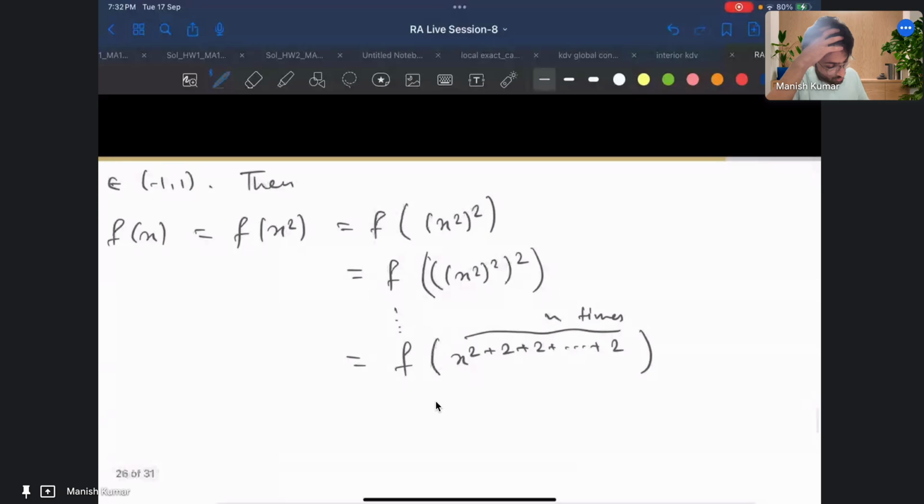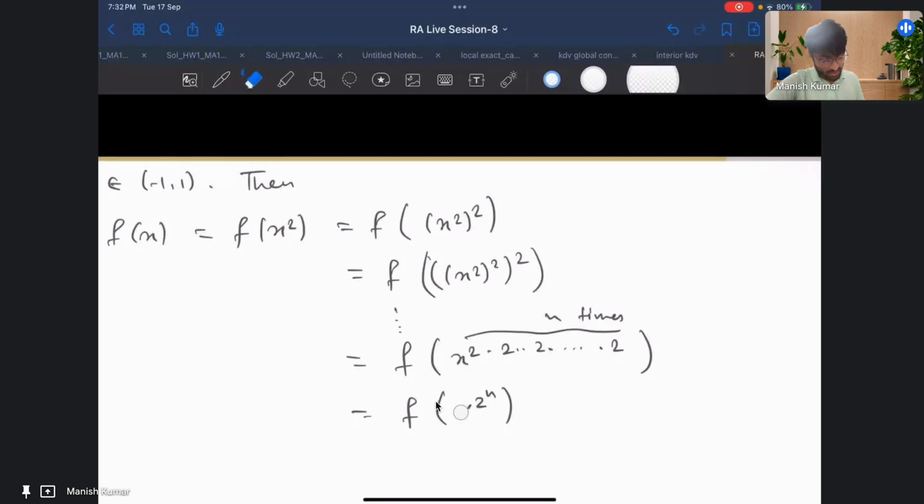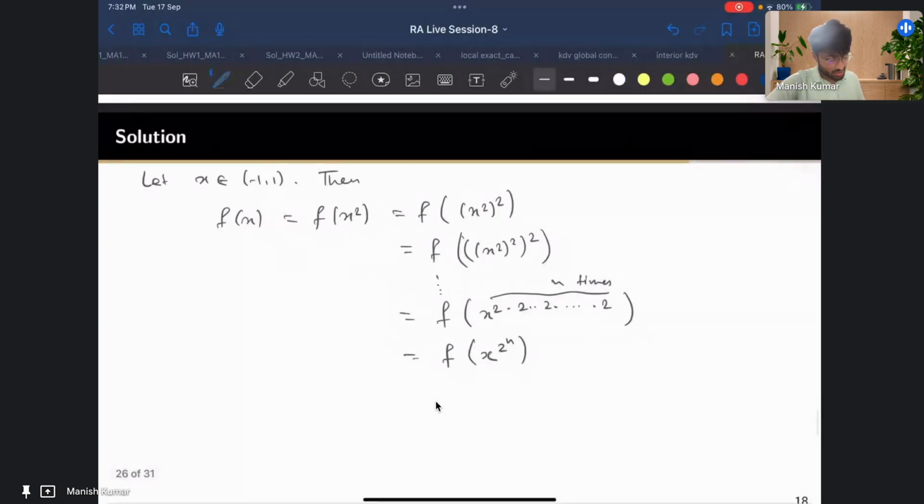It would be multiplication, because this is x to the power 2 times 2, this is x to the power 2 times 2 times 2. So this is nothing but f of x raised to the power 2 raised to the power n. So what you have got is f at x is equal to f at x raised to the power 2^n for all n.